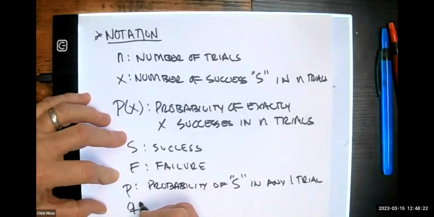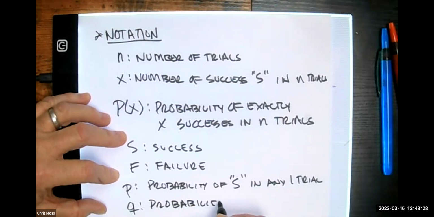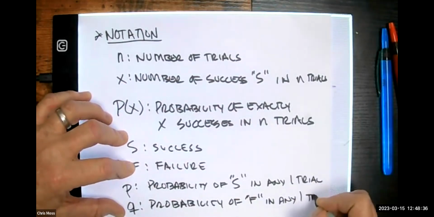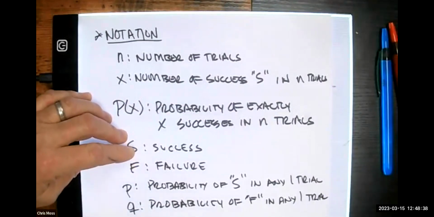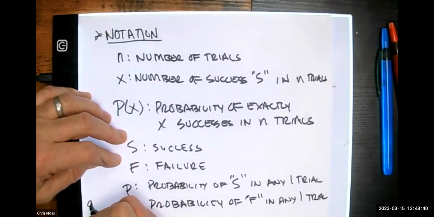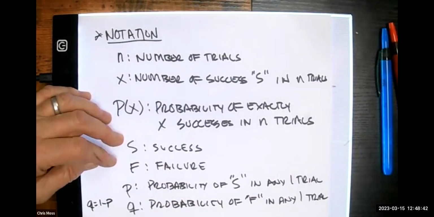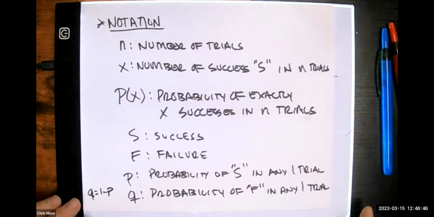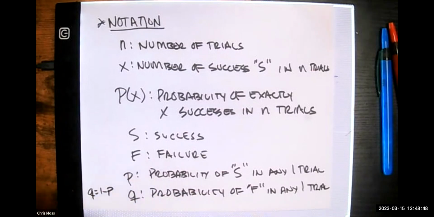We have Q, and that's the probability of a failure in any one trial. And we need to note that Q is equal to 1 minus P. So whatever P is, we know what Q is.